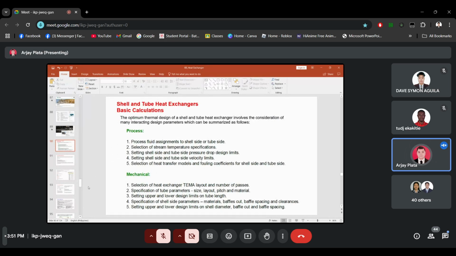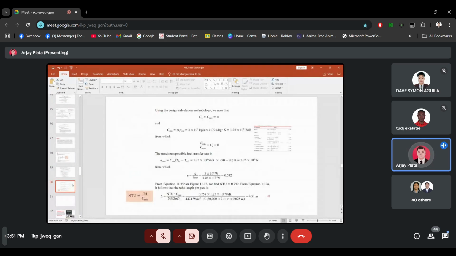By the way, regarding the previous example, we have discussed the E value. You can also find the E value in the table, in the graph, I mean. I think I have here some graph. You can turn to your page, to your module.